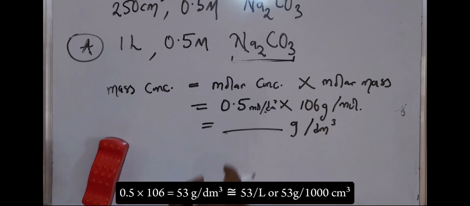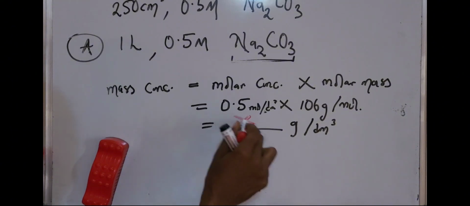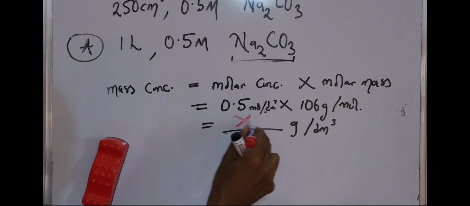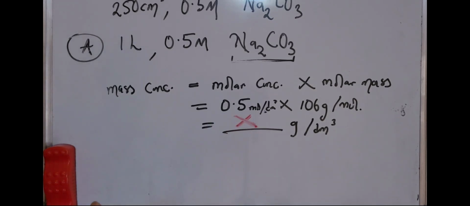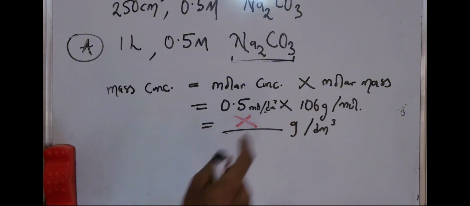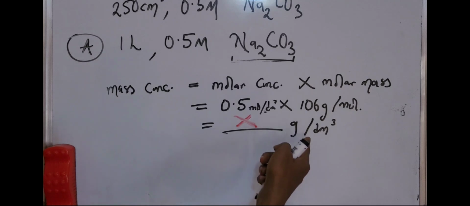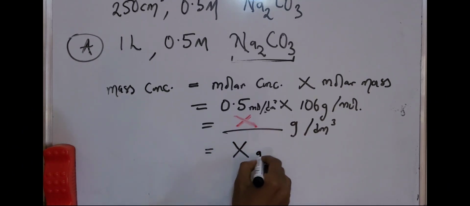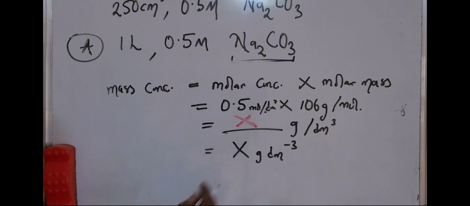Whatever the answer gives you, I'm not going into that. You can punch that out. That will help you to follow up with this calculation. So let me say it gave you a value which I wrote as x. Now you ask yourself, this x gram is in 1 dm cube. That is what this means. If you don't write it this way, your answer could be x gram dm cube minus 3. This and this are the same thing.